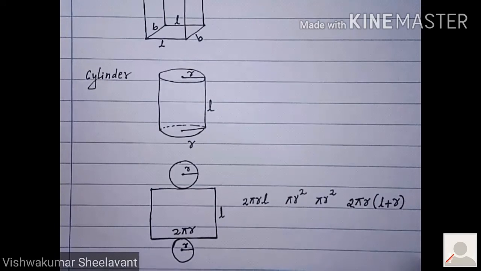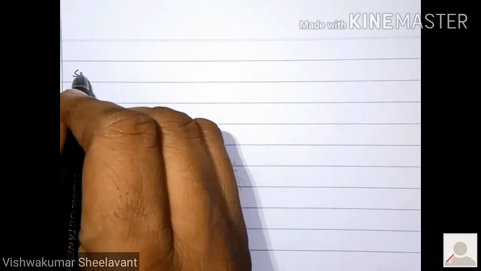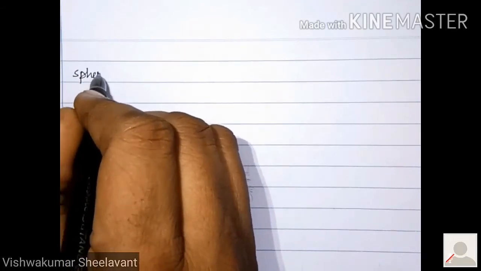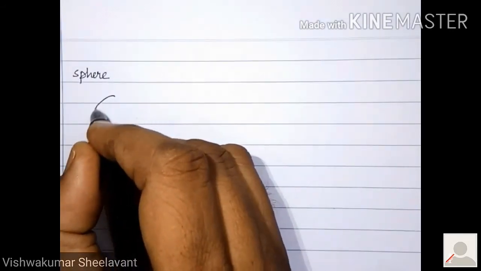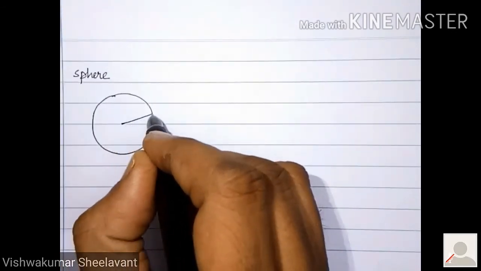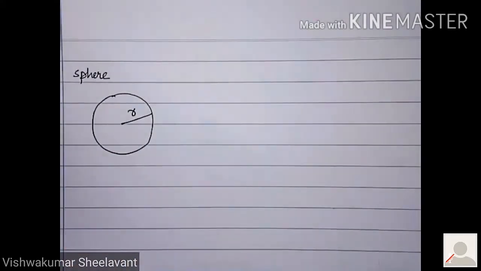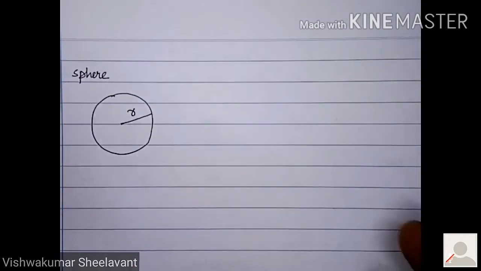Now we will take sphere. So we are having a sphere of radius r units. It will be having only CSA which is equal to TSA.